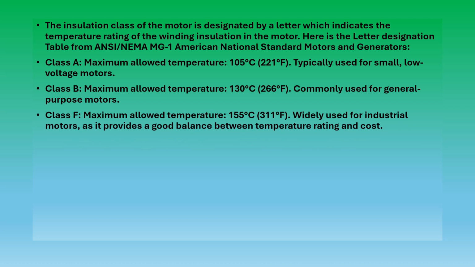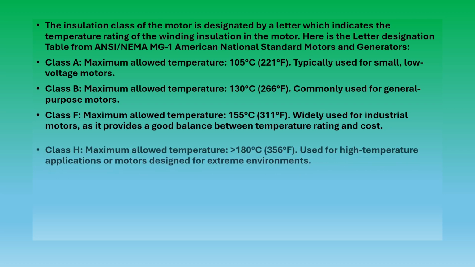Class F, maximum allowed temperature is 155 C or 311 F. Widely used for industrial motors as it provides a good balance between temperature rating and cost. Remember, as you increase the temperature rating, you increase the cost of the winding insulation. So you just don't want to always buy the highest rated you can find.